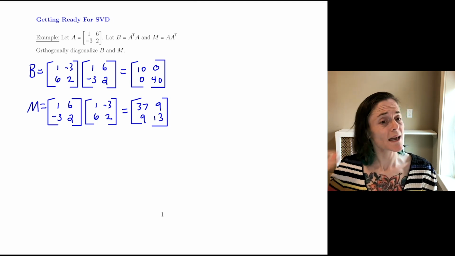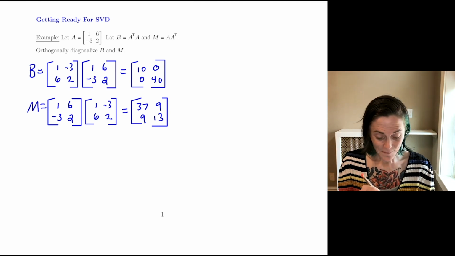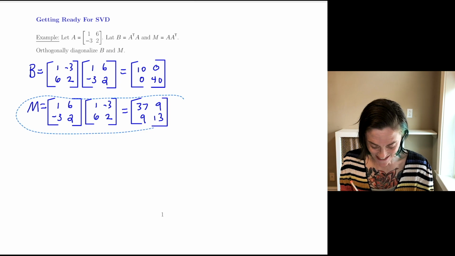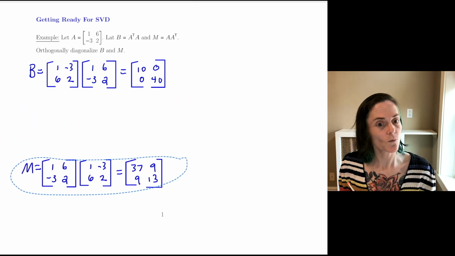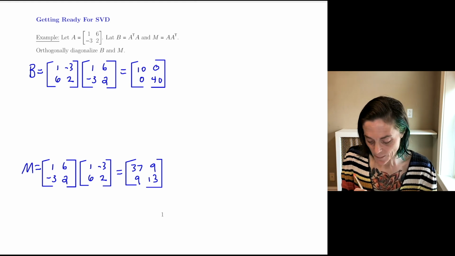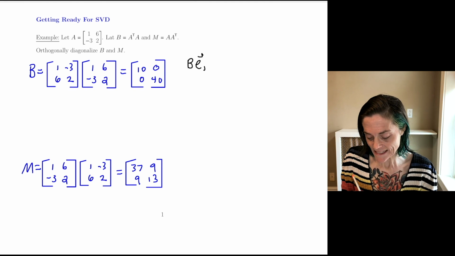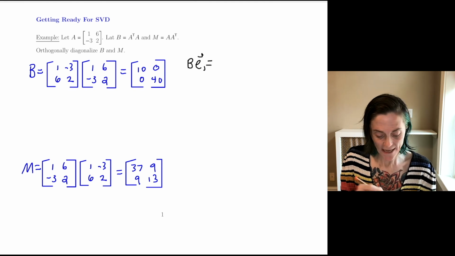Well, we want to orthogonally diagonalize these matrices. B is the easier one because it's already diagonal, but I'm going to do it in a different way than you might think. So you notice that B times vector E1 is just 10 times E1.